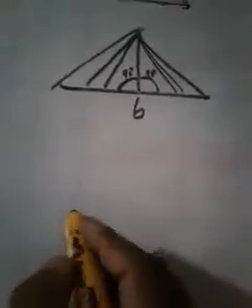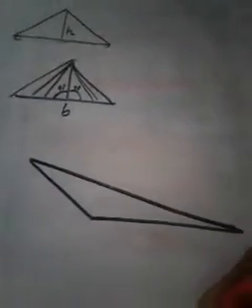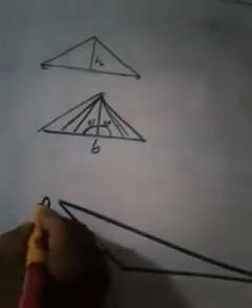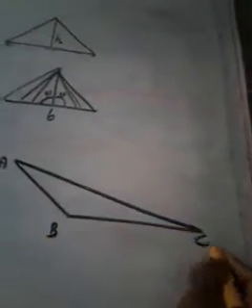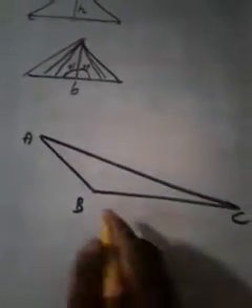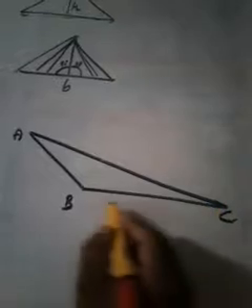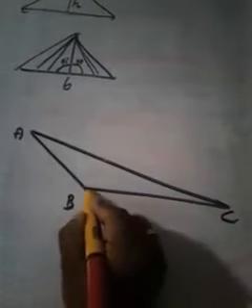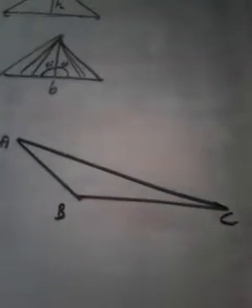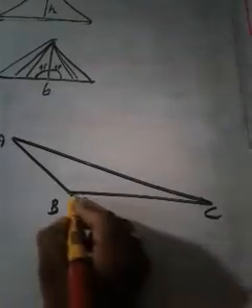Now we just consider this triangle. Is it a triangle? Of course this is a triangle, and let's name it ABC. Which is the base here? If you consider BC as the base, I am going to consider BC as the base. This is my base BC.